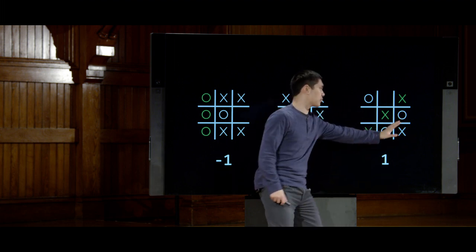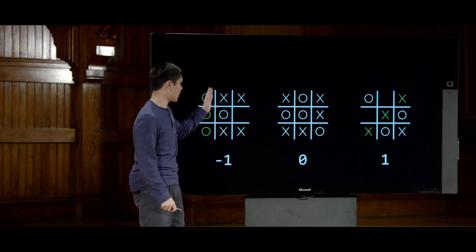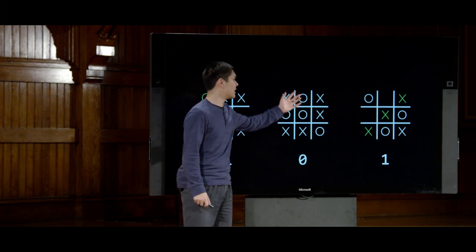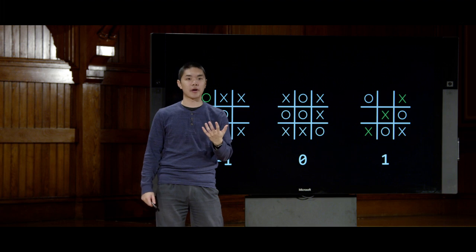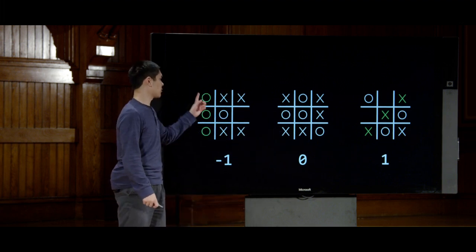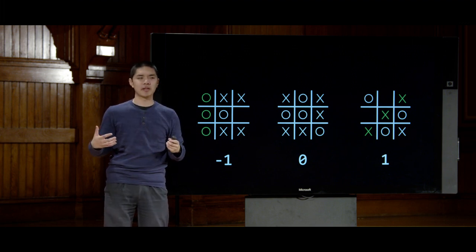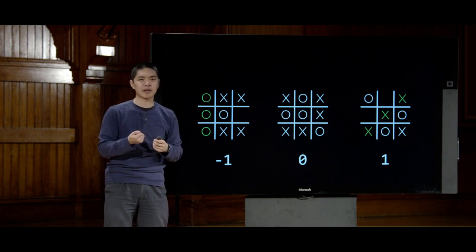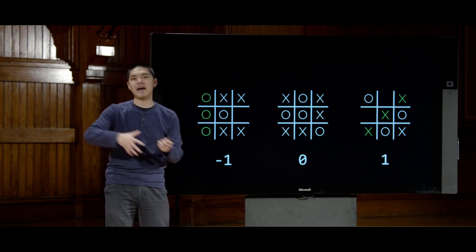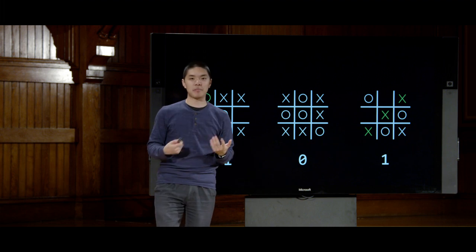But if this isn't possible, if X needs to choose between these 2 options, -1 meaning O winning, or 0 meaning nobody winning, X would rather that nobody wins, a score of 0, than a score of -1, O winning. So this notion of winning and losing and tying has been reduced mathematically to just this idea of trying to maximize the score. The X player always wants the score to be bigger.